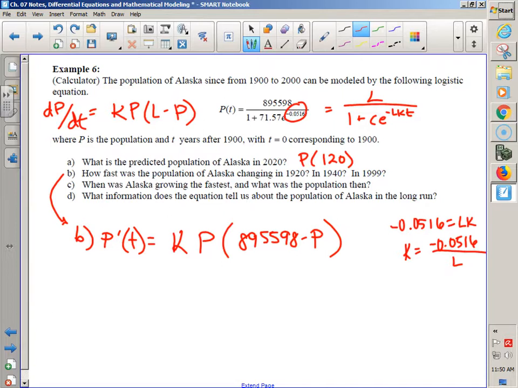Does that make sense? Now, could you take the derivative with a quotient rule? Sure. I mean, could you make it this to the negative 1 power? Sure, you could. You could take a derivative. Wait, if this is a calculator problem, couldn't you just do the derivative in the calculator and plug in? Wait, can you? Pause. What's the difference between making the differential equation this way and solving for it outright this way?